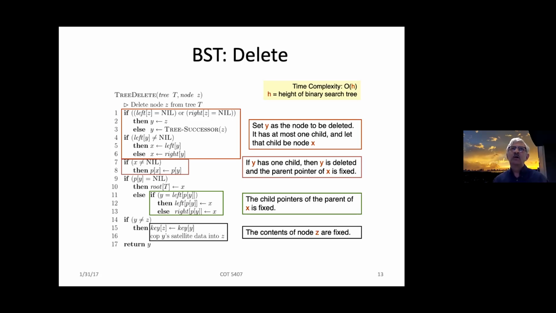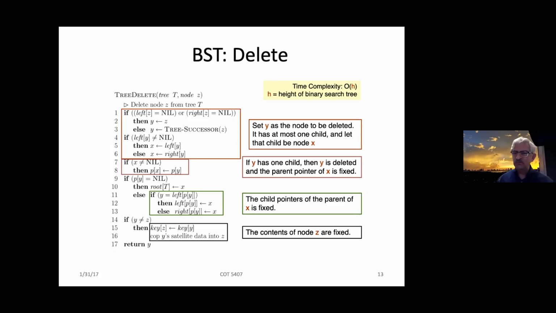Also, if you throw in inserts and deletes randomly, then the tree might be nice to start with, but as time goes on, it could get very skewed and very imbalanced. And an imbalanced tree may have a very large height, and if it has a large height, what happens?